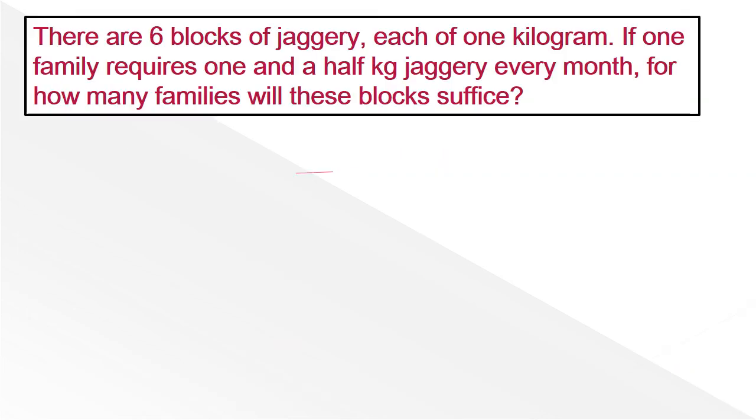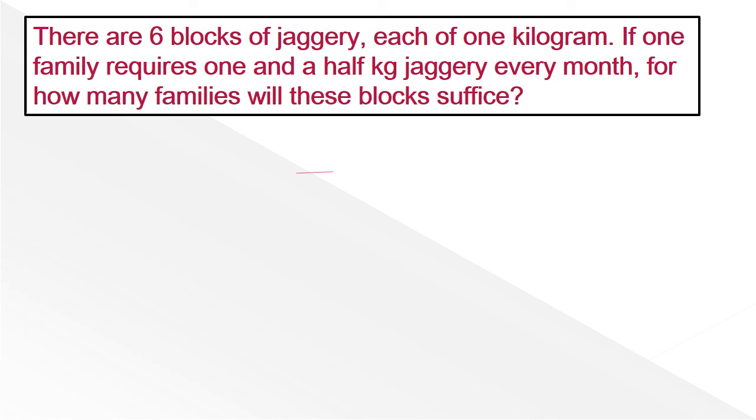There are 6 blocks of jaggery, each of 1 kilogram. If one family requires 1.5 kg jaggery every month, for how many families will this block suffice? Now, first of all, we need to understand whether this sum is of multiplication or division. So again, there are 6 blocks of jaggery.